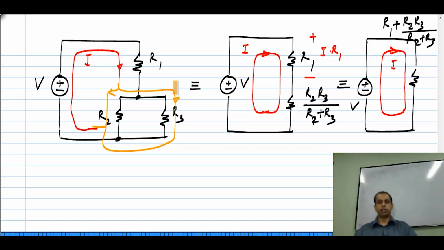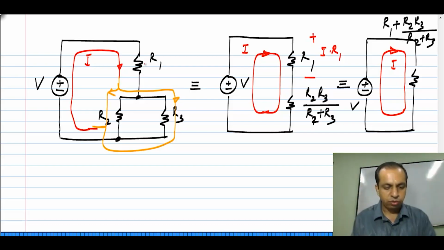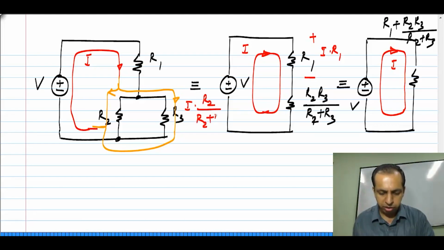So, everything is some repeated combination of series and parallel elements. So, in that case, you can use voltage divider or current divider theorems accordingly and find the solutions. For instance, you have already calculated I. So, the current through R3 would be I times R2 by R2 plus R3. Okay.